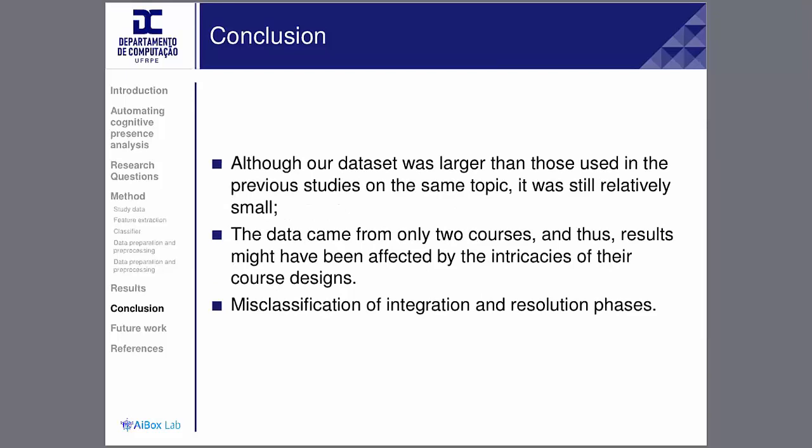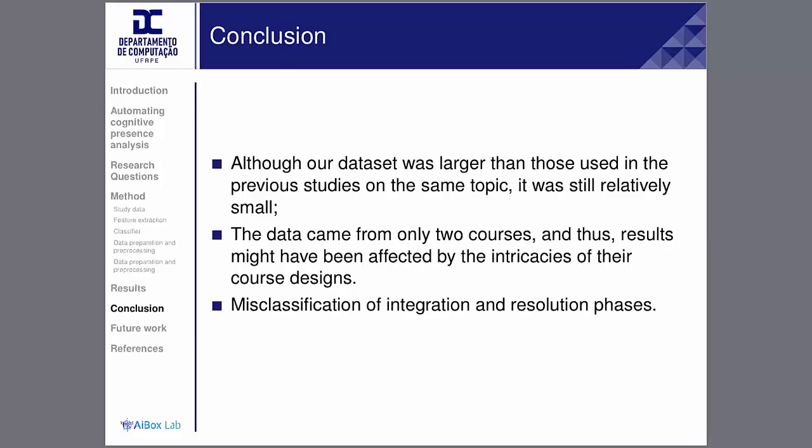Right. Our work has some limitations. Although our dataset was larger when compared to other datasets, it's still small, right? We have to try to increase the number of instances, label more instances, and consider bigger datasets to get more accurate results.